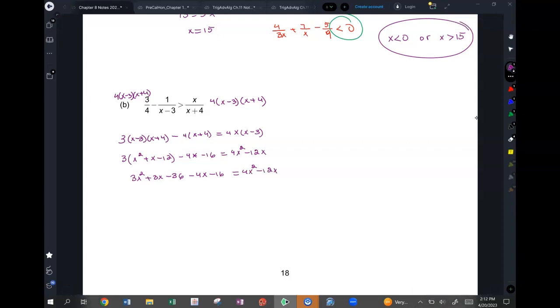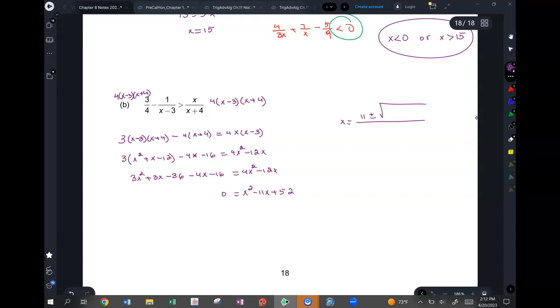When we put all this together, I'm going to bring everything to the right-hand side this time. So I'm going to have 0 equals x squared minus 11x plus 52. Wouldn't you know it? That doesn't factor. So what do we have to do? Quadratic formula. Negative b plus or minus the square root of b squared minus 4ac, all over 2.